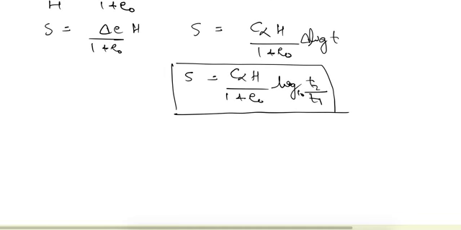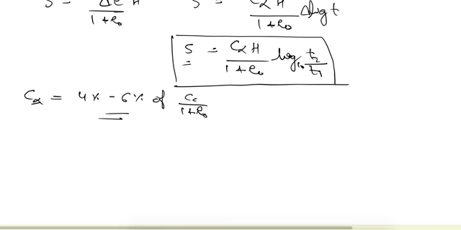For finding C alpha, it is found from experiments that it is between 4% to 6% of Cc upon 1 plus e naught. Using this we can find C alpha, and from this we can find the secondary consolidation. It is mostly not there in most clays, it is mostly there in organic clays. For these it has to be considered, because secondary consolidation is too much.